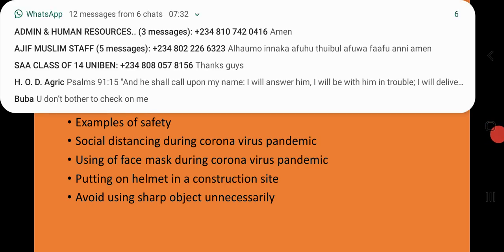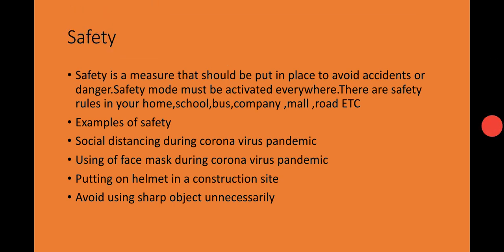Let's continue. Examples of safety: social distancing during the coronavirus pandemic is an example of a safety mode. Because you don't want to contract coronavirus, they tell you to distance yourself.